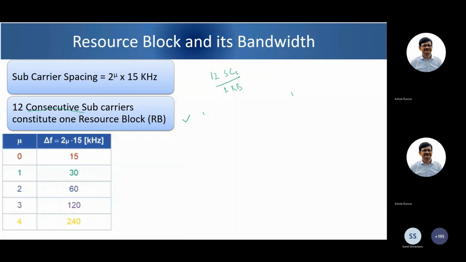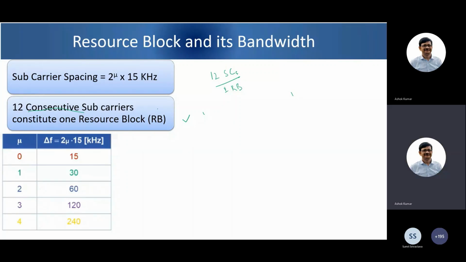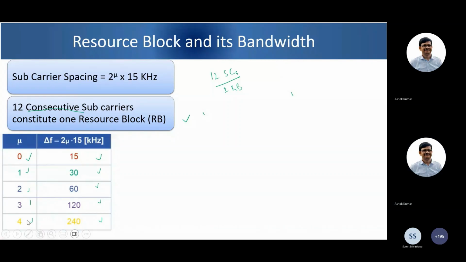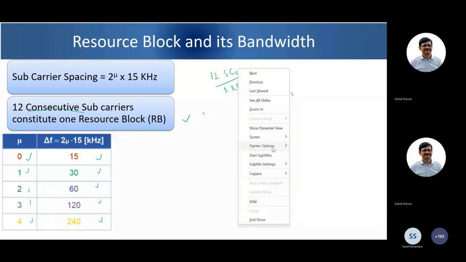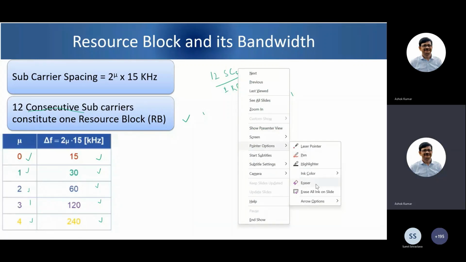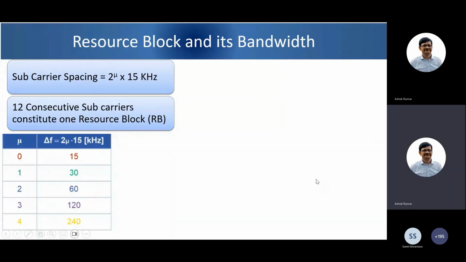So you have numerologies as 15 kilohertz, 30 kilohertz, 60, 120, and 240, as we discussed, which are nothing but numerology 0, 1, 2, 3, and 4. Suppose I have to calculate the bandwidth of each RB for the different numerologies.